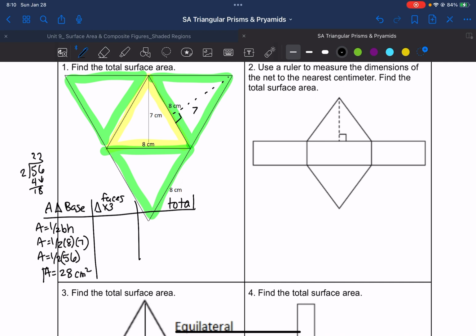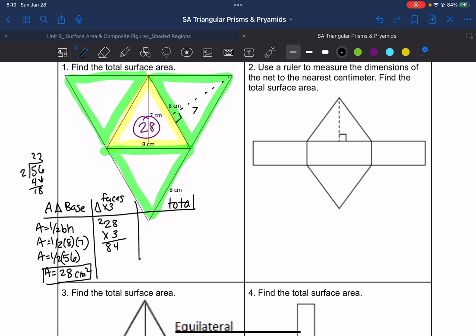So this is the base. That means if I write it in here, this is 28. Now if I'm doing the faces, remember they're all the same, I'm going to take the area of one triangle and multiply it by 3 because there are only 3 faces. So 28 times 3 is going to be 84.